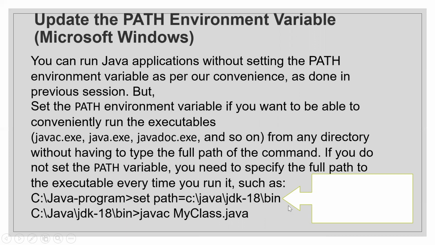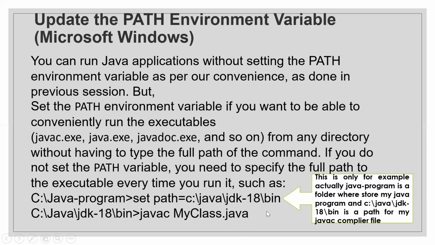This is one method. Another method is that you shift into the bin folder, save all the Java programs in the same folder, and then execute directly. So these are the two methods.